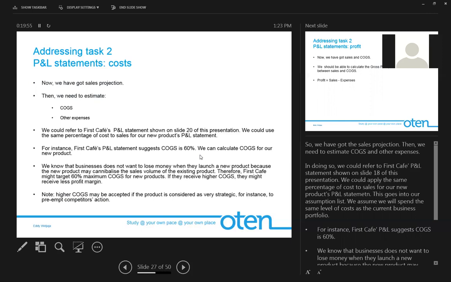For instance, they may hear that the competitors will launch a product or service idea, so to preempt that, they may come to the market and launch this new product. They may take a lower profitability, and normally they would also work towards cost reduction, so they would come back to the same level of costs.